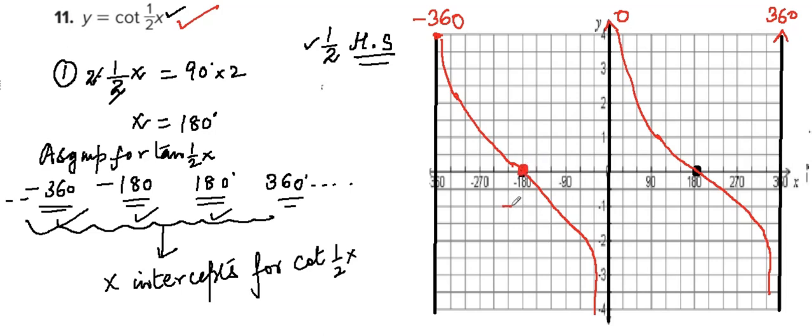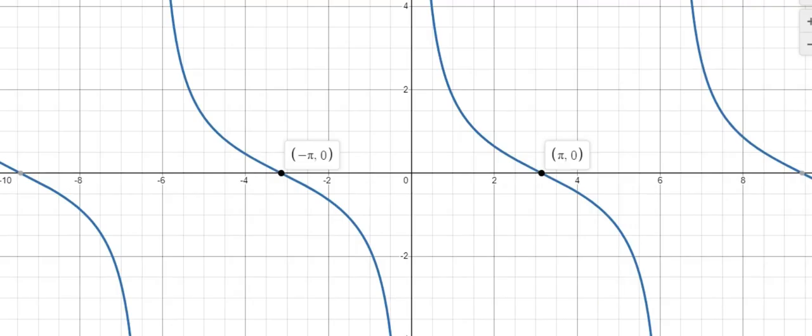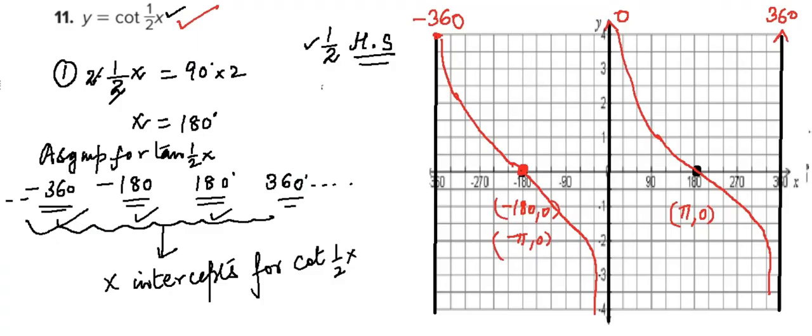This point is minus 180, 0, that means minus pi and 0, and this will be 180 and 0. 180 means pi, 0. The same in Desmos, you can check minus 180 and 0 and 180 and 0. So this is how we draw the graph of cot x. If you still find any problem, let me know.